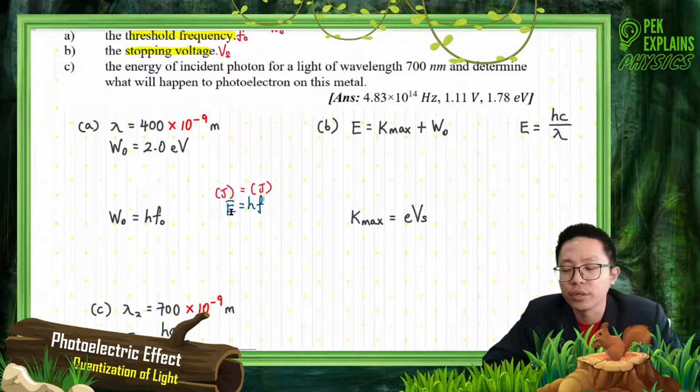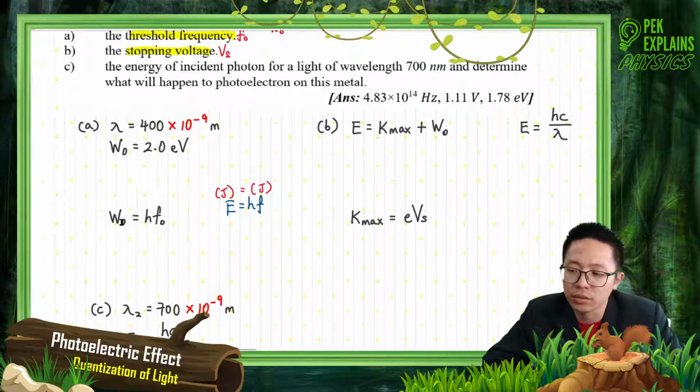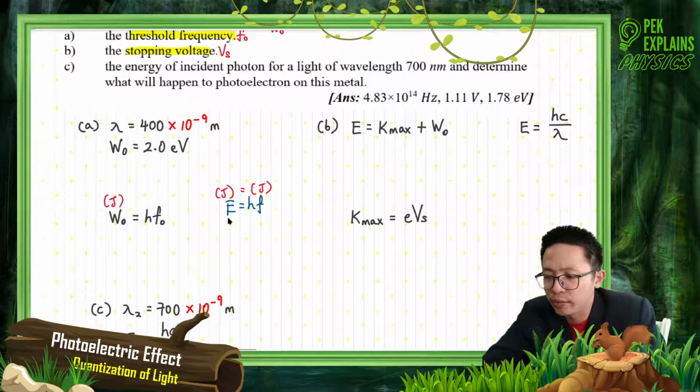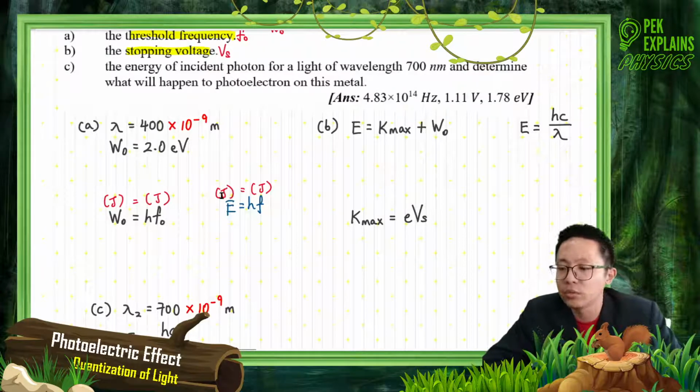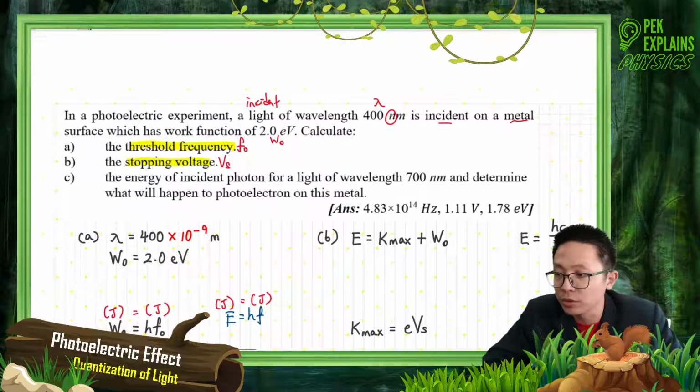So the energy we got here is also joule. This formula is almost the same type. The work function is just like the energy, and the H F naught is just like the H F. So both sides are also joule.